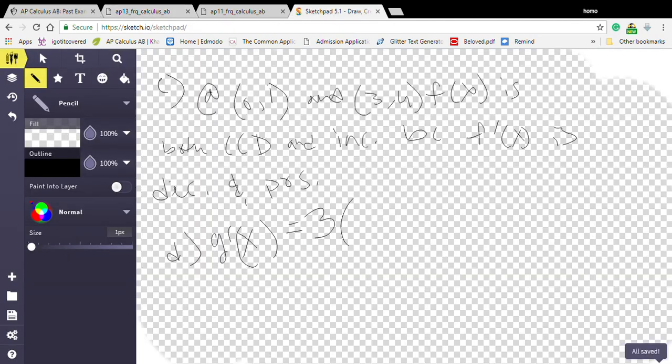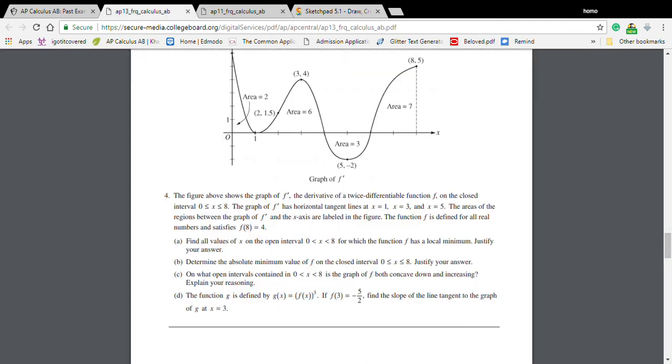3 f of x, and then plug them in, and then f prime of x is 4 in here.